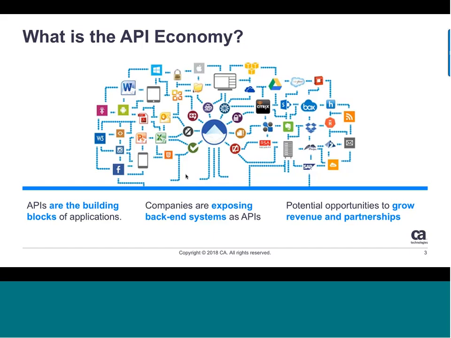So it's definitely important, and we see it as the building blocks for applications, especially the more and more applications that are mobile, web, and wearable. They're getting their information from various APIs.